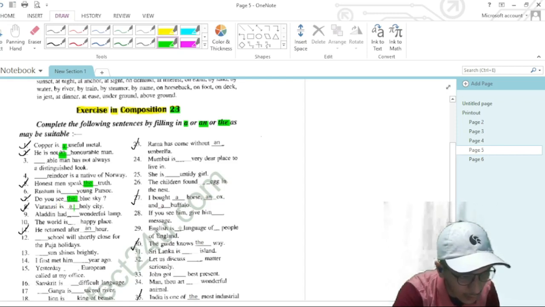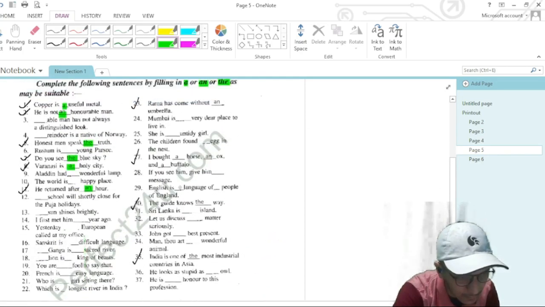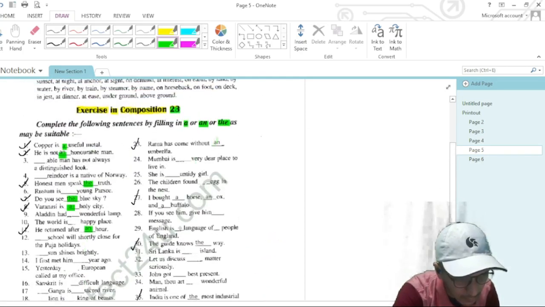Varanasi is a holy city. He returned after an hour. Rama has come without an umbrella. I bought a horse, an ox, and a buffalo.